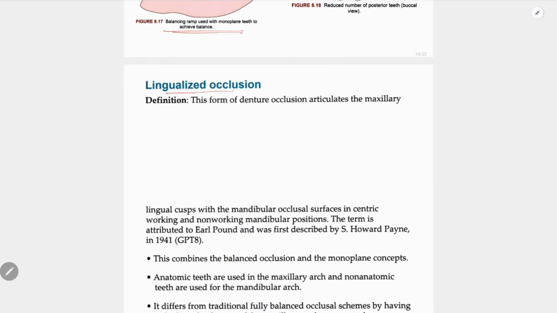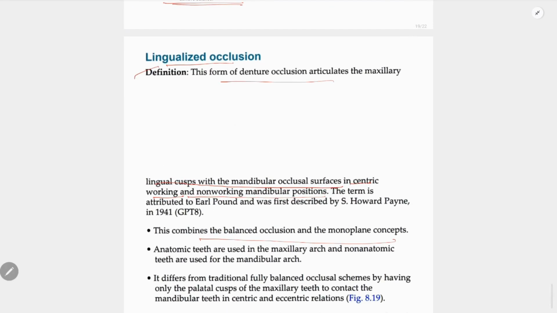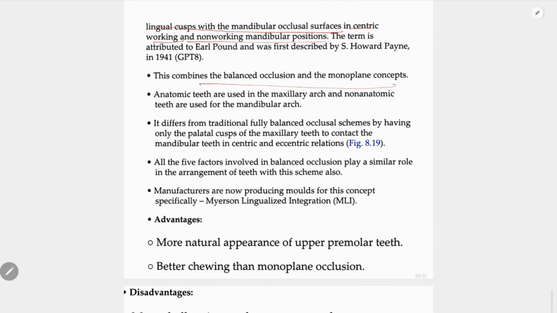This form of denture occlusion articulates the maxillary lingual cusp with the mandibular occlusal surfaces in centric, working and non-working mandibular positions. So, the definition once again is very important. This combines balanced and monoplane. Lingualized is nothing but balanced occlusion plus monoplane occlusion. That is your lingualized occlusion.